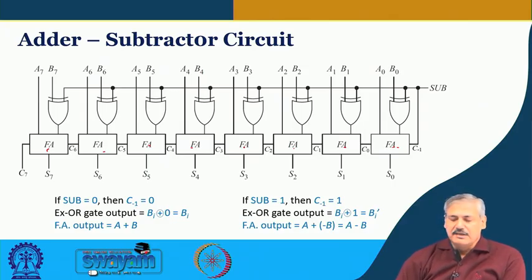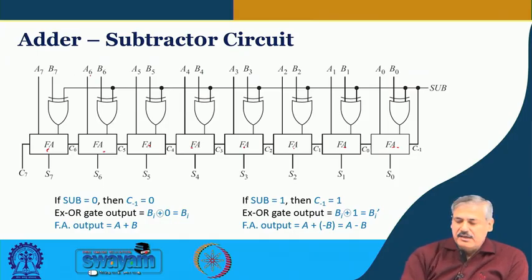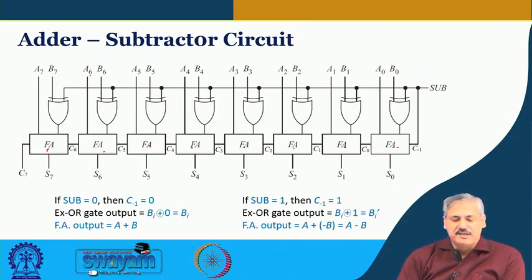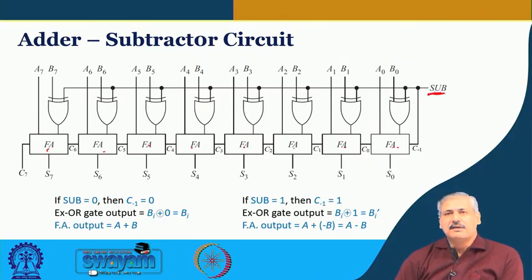Now, you see one thing: this B number, B0 to B7, is passing through an XOR gate, and one of the inputs to the XOR gate is connected to an external input. This external input we are representing as sub, standing for subtraction. When you put it 0, that means no subtraction is taking place, so it will be normal addition.